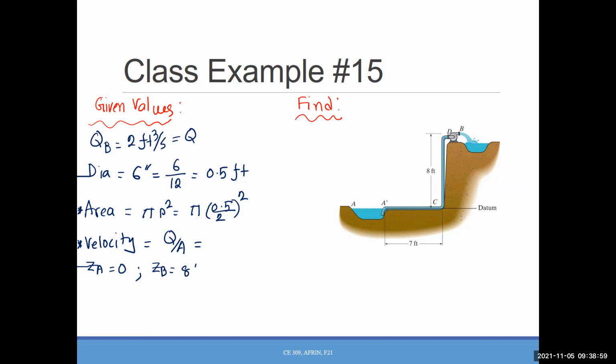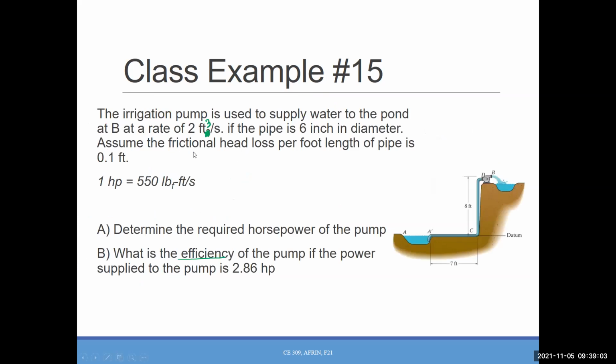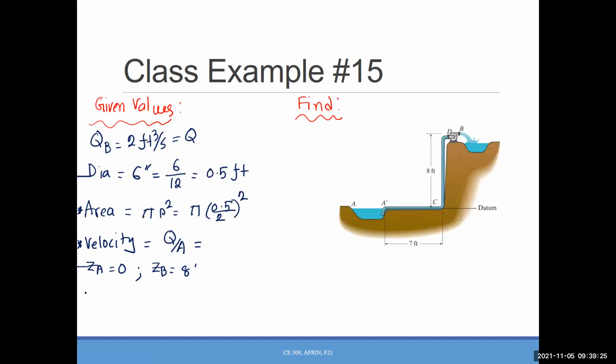But there is one thing I want you to notice. It says the frictional head loss per foot length of pipe. Per foot length of pipe. That means if you have a pipe of 1 foot, that will be the head loss, but if you have more than 1 foot, you need to find that. I will use a different color so that you can remember that.